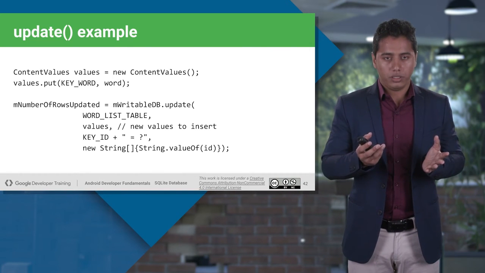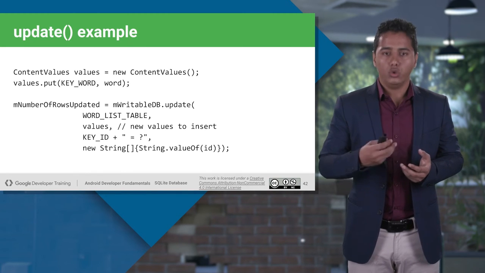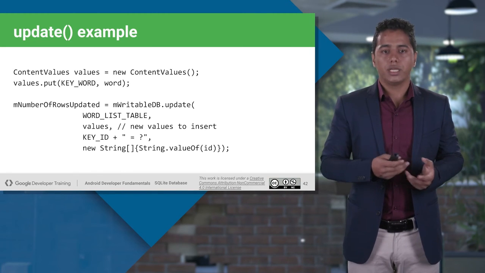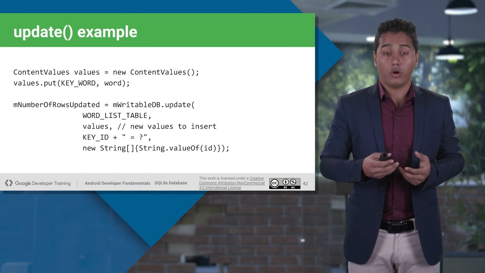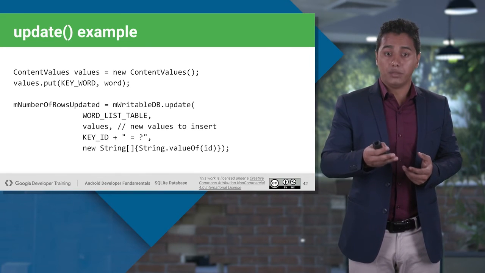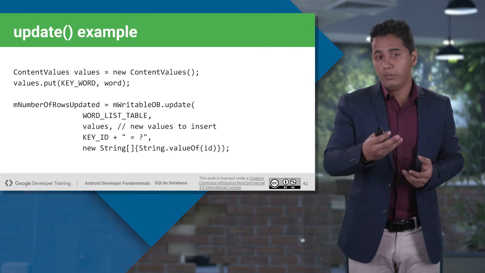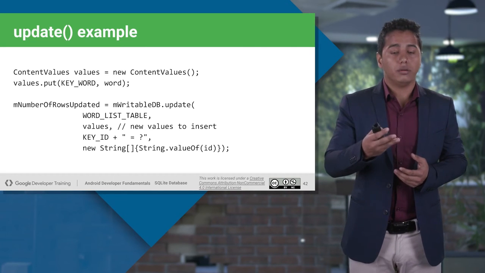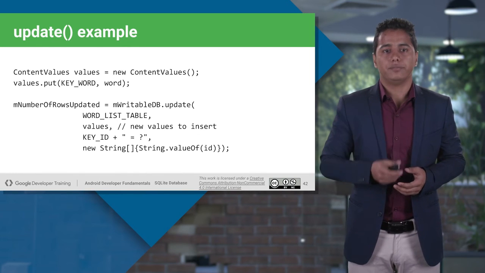You will create a content value object and pass the new values in that value object, and then invoke the update query from your SQLite database object, and pass the table name, pass the new content values, where exactly you want to update, maybe an ID, and then pass the value of that ID, at which ID you want to update.